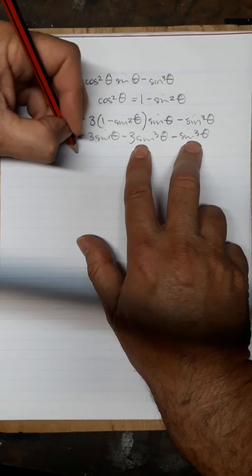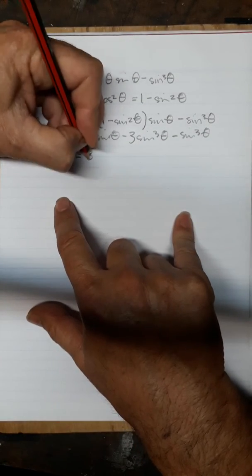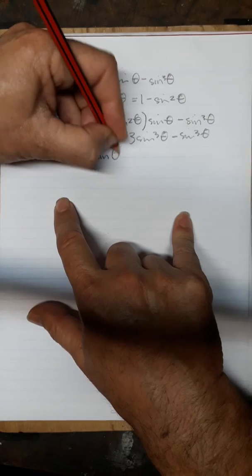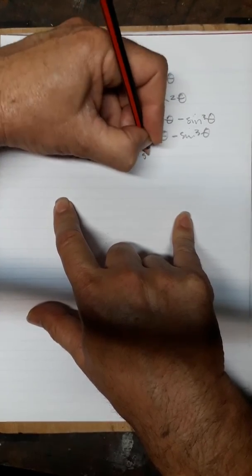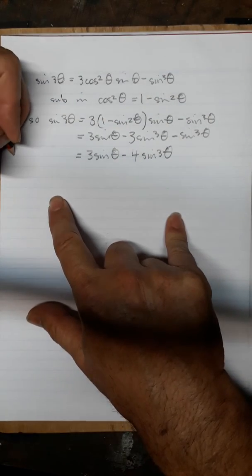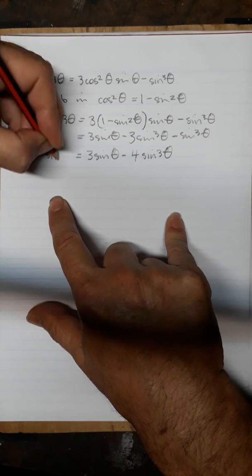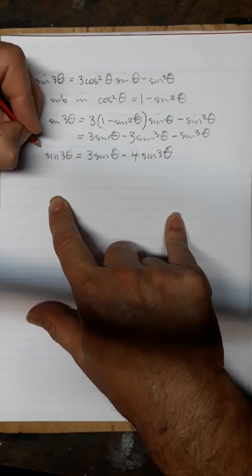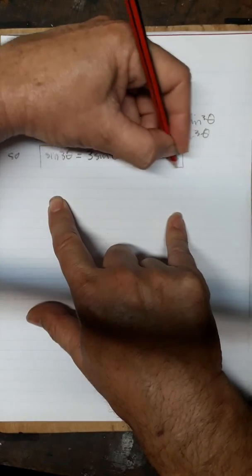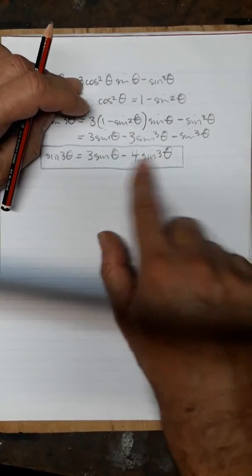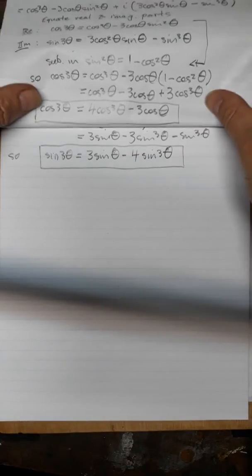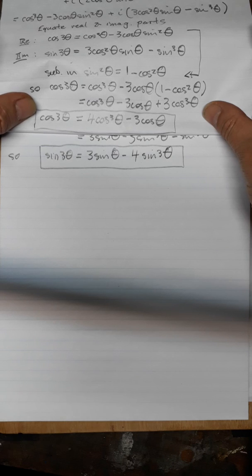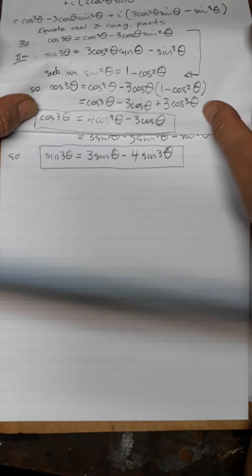We can collect up these two terms, so equals 3 sine theta minus 4 sine cubed theta. That's it. So we've got sine 3 theta now in terms of just sine theta. So that's it. Two lovely formulas for triple angles. Done.